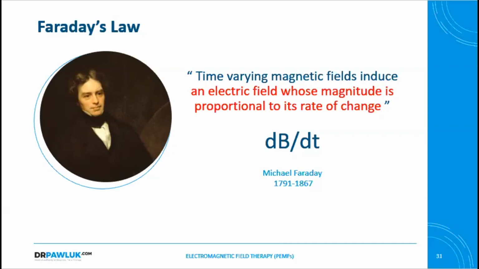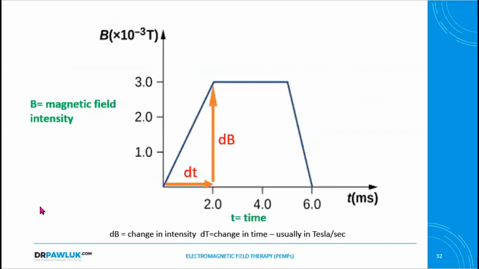And that is based on something called dB/dt. So here's how it looks. If this is the intensity of a magnetic field in Tesla, and this is time, in this case milliseconds. Every waveform produced by a magnetic field is going to take time to reach from its base to its peak.